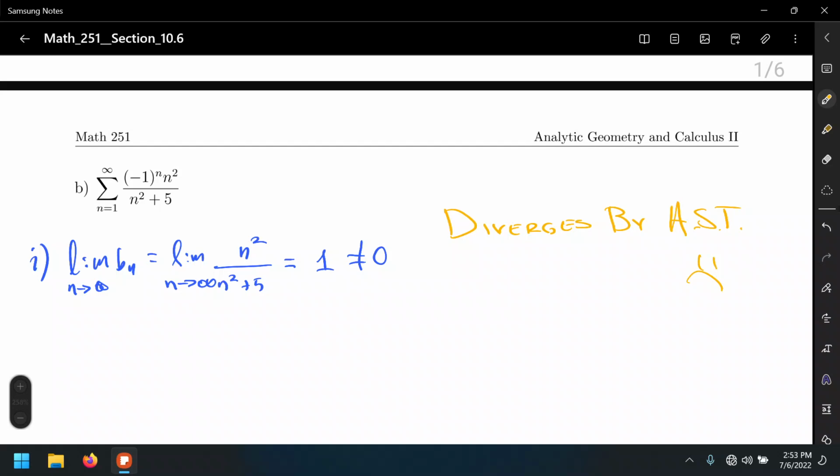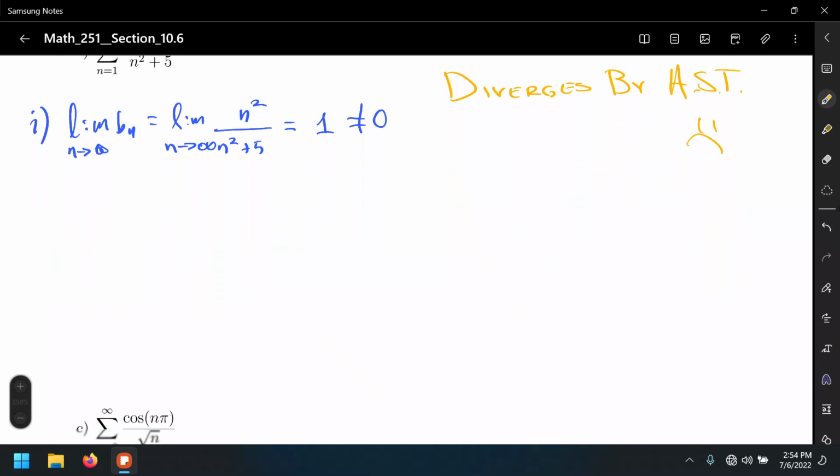Isn't it really like the n-th term test for divergence, the very first test we did, in which the limit has to be any number different than 0 in order to diverge? So it was a test only to determine divergence, right? So in this case, the first condition failed. No need to do the second one, so we're done.